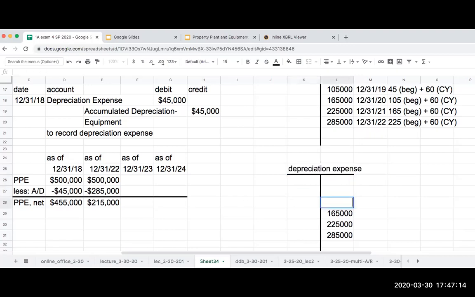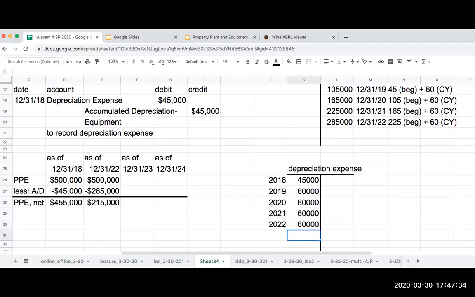the amount of the depreciation expense I took in 2018 would be right over here, $45,000. 2019, $60,000. 2020, $60,000. 2021, $60,000. And then 2022, $60,000.